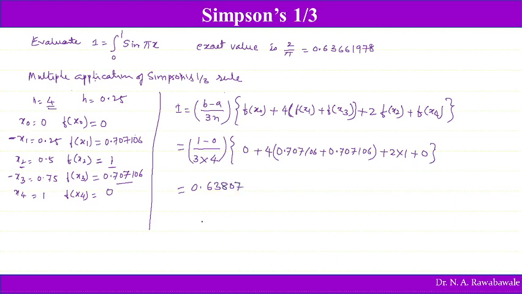So for the true error, here the true value is given, that is 0.63661978 minus 0.63807 divided by 0.63661978 into 100.